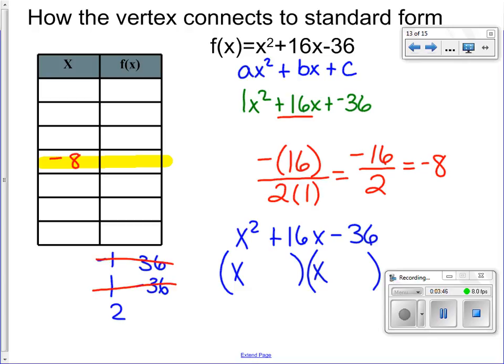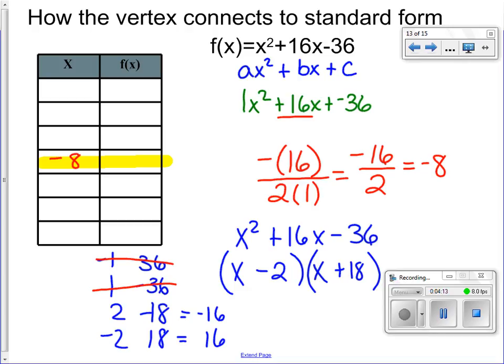It could be 2 and negative 18, or it could be negative 2 and positive 18. Well, adding those, this will give me negative 16. This will give me positive 16. So that means my factored form is going to be x minus 2 and then x plus 18.